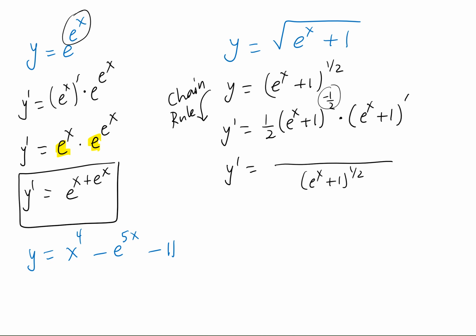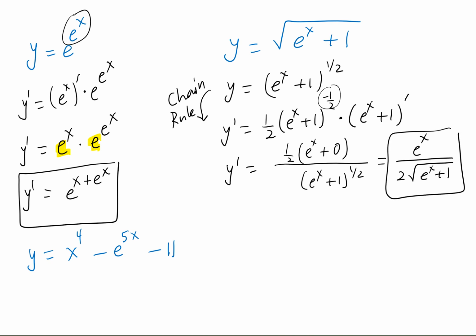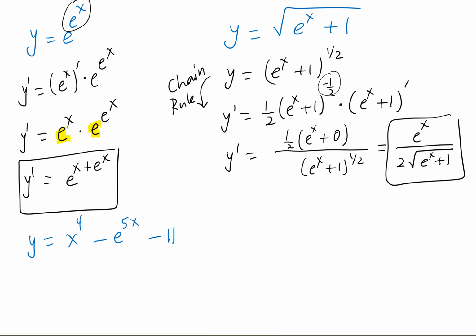The derivative of e to the x is e to the x plus 0. So the 1/2 can go down as 2 down there, and this is the square root. For the last one, the derivative of this is 4x cubed minus 5e to the 5x minus 0.